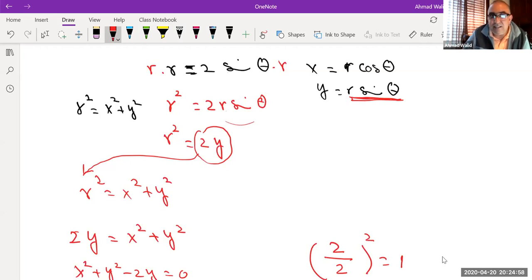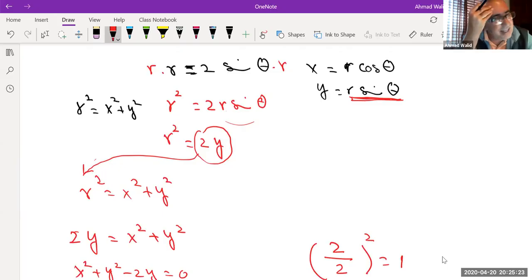Then plug in terms of y or x here. Correct? And you can change a polar equation to a Cartesian equation. This is all about this part of your lecture, which was the polar coordinates.